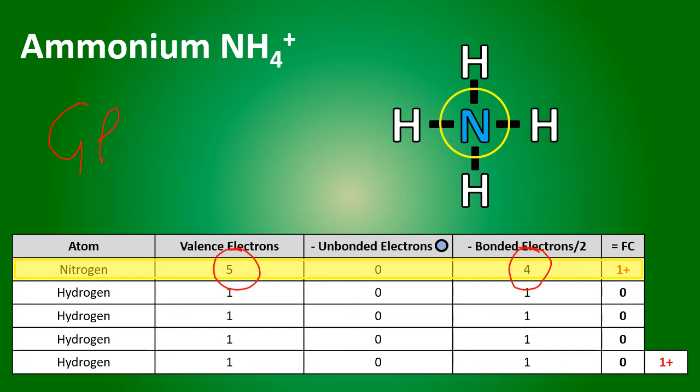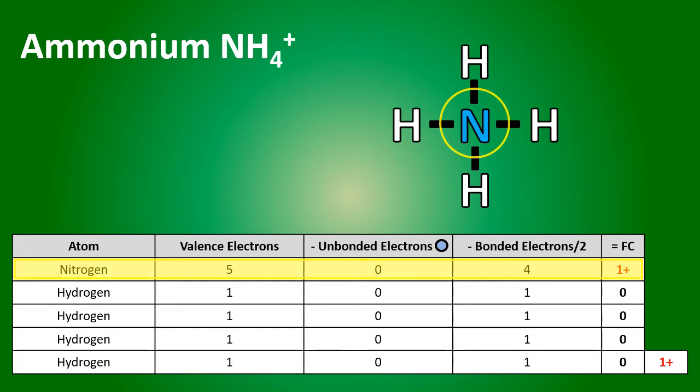So it's group 5 minus the 4 things in the ring that we've drawn around the nitrogen. 5 minus 4 is 1, so that gives us the 1 there.